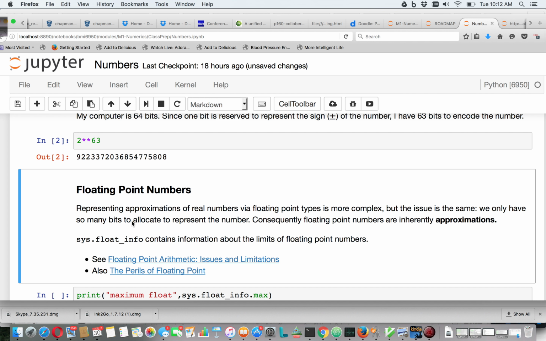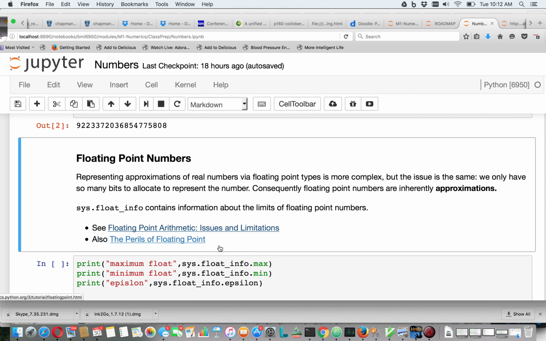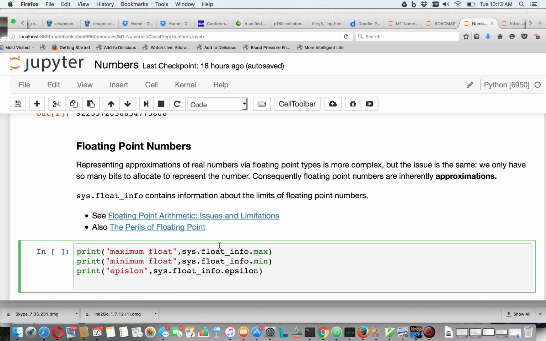There's similar issues with floating point numbers. Floating point numbers are very different in how they are represented in the computer. They're represented approximately. And so when I do mathematics with integers, I get exact results. When I do mathematics with floating point numbers, I get approximate results. And how accurate that approximation is depends on my computer architecture. But just as there's information about the largest integer that I can represent, Python also has information about the largest floating point number, or real number, I can represent, and what the accuracy of that number is.